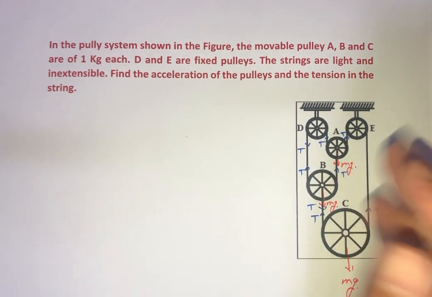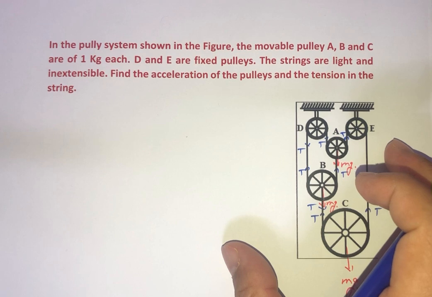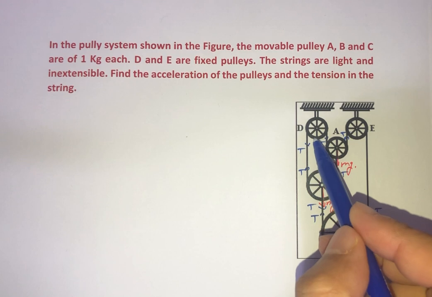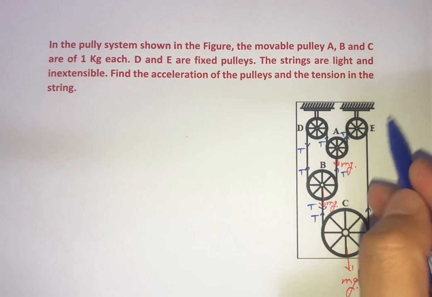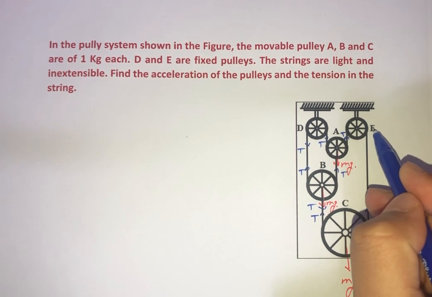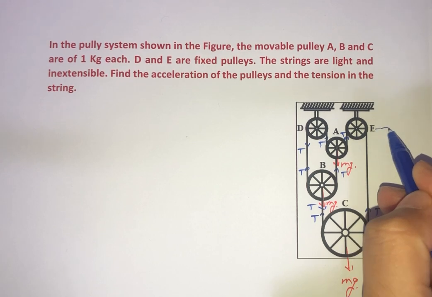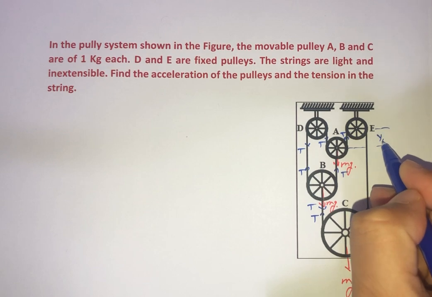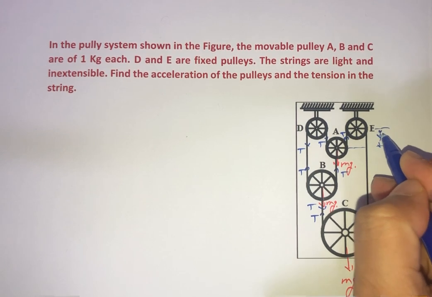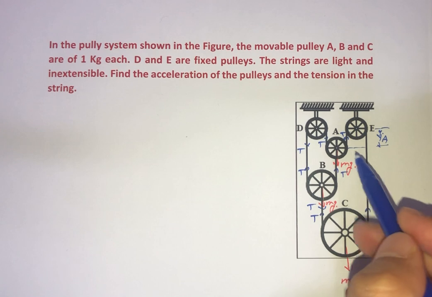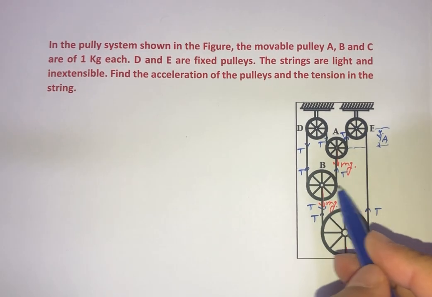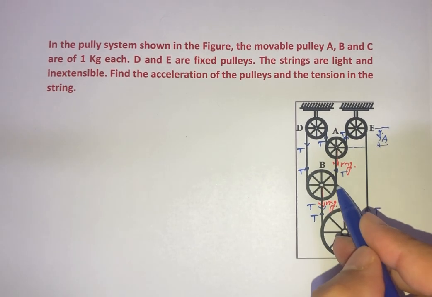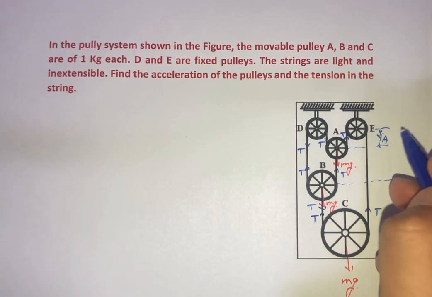And the important thing which we are going to consider is the distance between the centers of various pulleys. We can say that the distance between the center of pulley E and pulley A is given as YA. The distance between the center of pulley B and pulley E is given as YB.